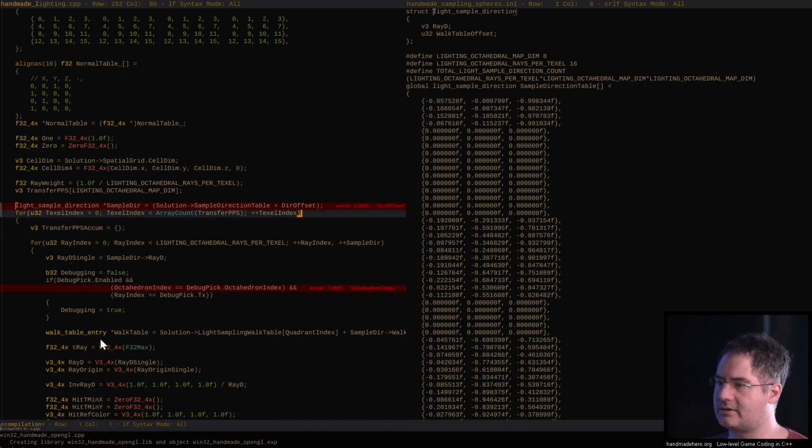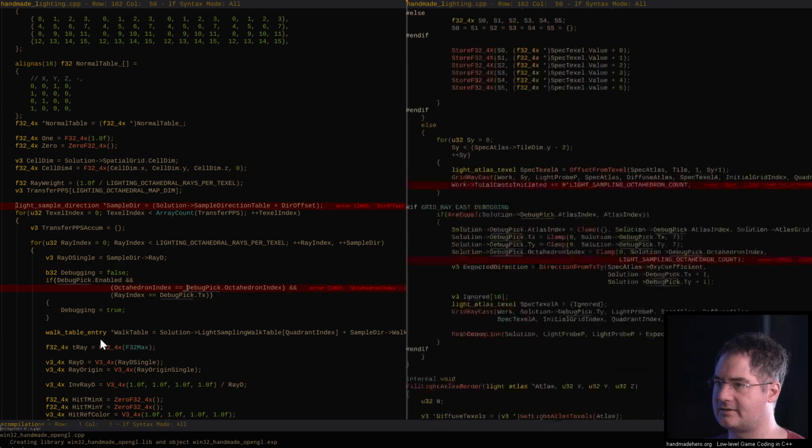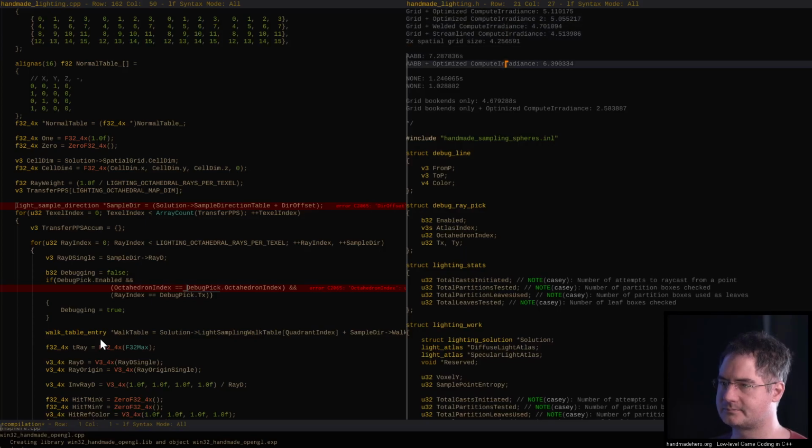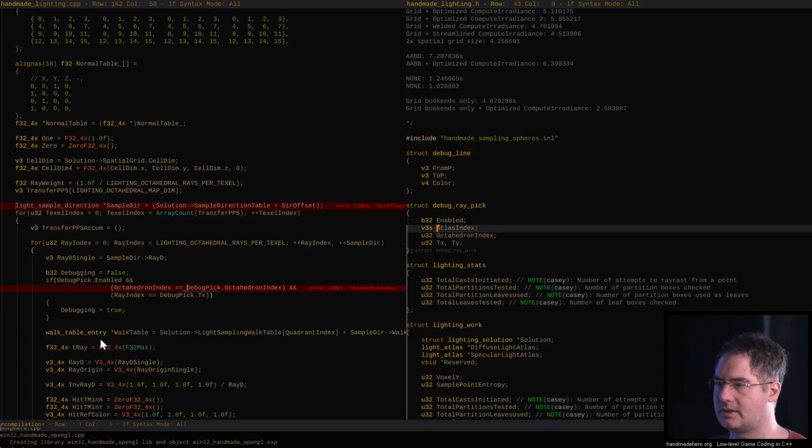So at that point, we no longer have octahedral indexes. We just have texel index and ray index, right? So for debug's sake, the debug pick value is really just tx, ty, and ray.